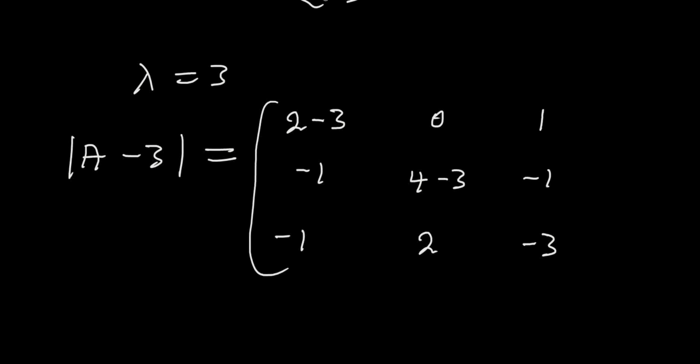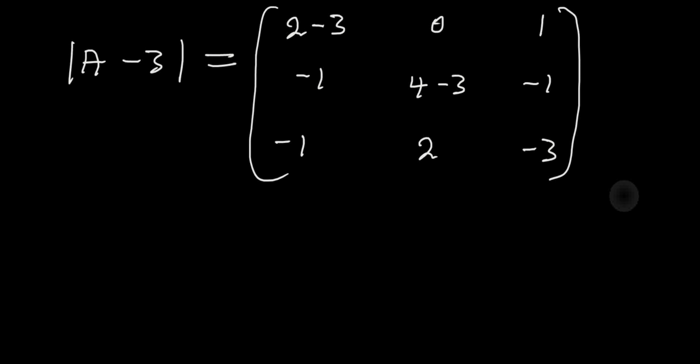Put this in parentheses. So 2 minus 3 is negative 1. So this would be negative 1, 0, and 1. Negative 1, 4 minus 3 is 1, negative 1. Then negative 1, 2, and negative 3.